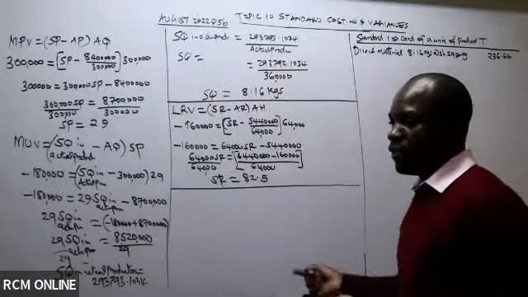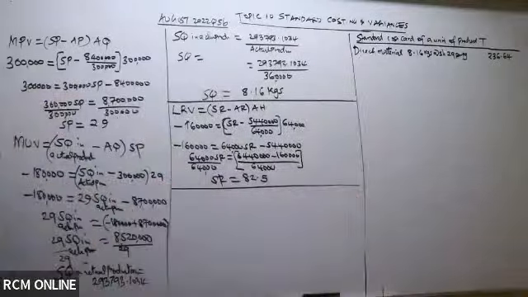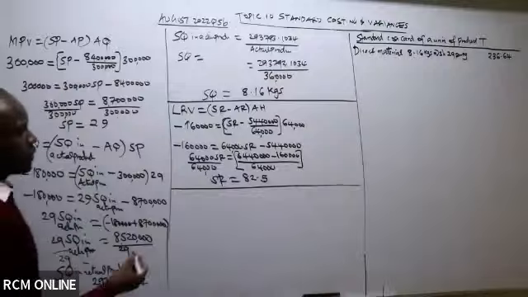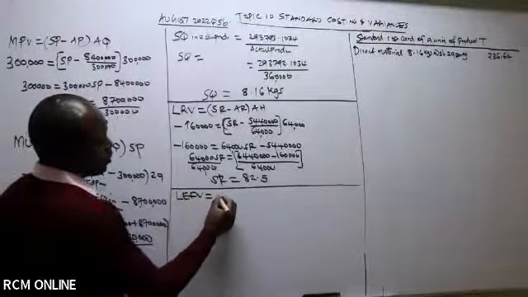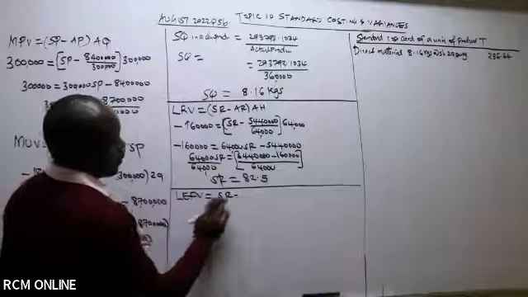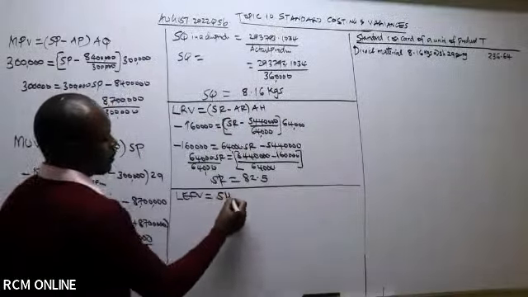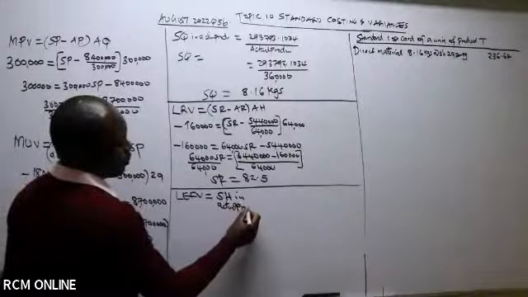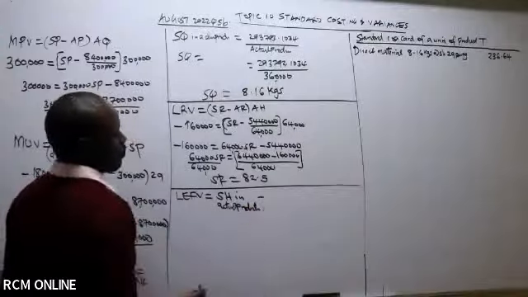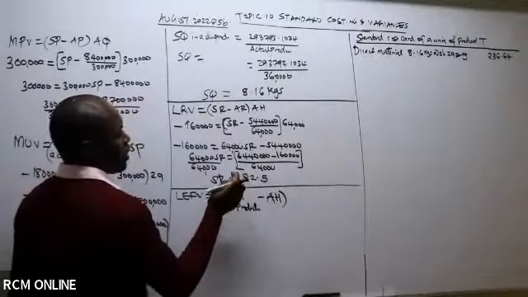Thank you. Let's move down and look at the labor efficiency variance, which will give us the labor hours utilized against the standard labor hours. So labor efficiency variance is equal to standard hours in actual production minus actual hours, then we multiply by standard rate.